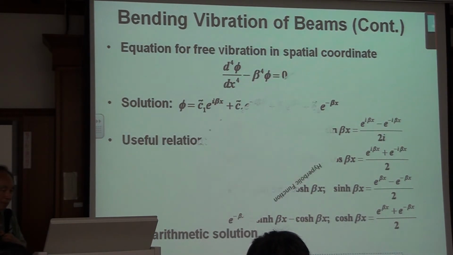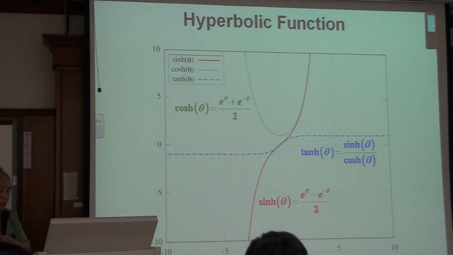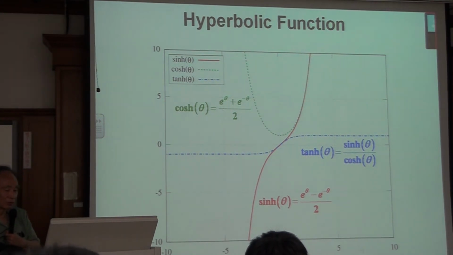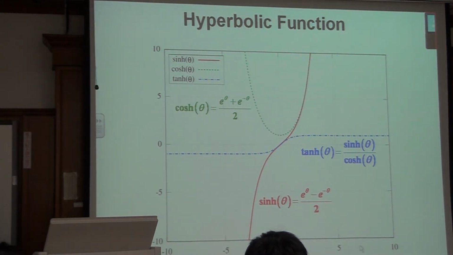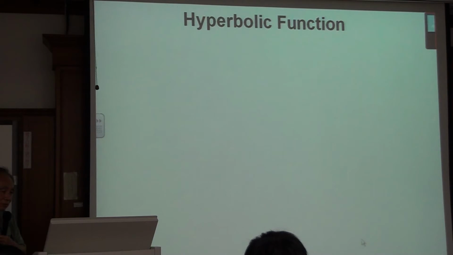All right. And this just gives you some figures about the sinh and cosine, what kind of curves you will get. And this is nothing but exponential functions. And that's just some definitions of functions.